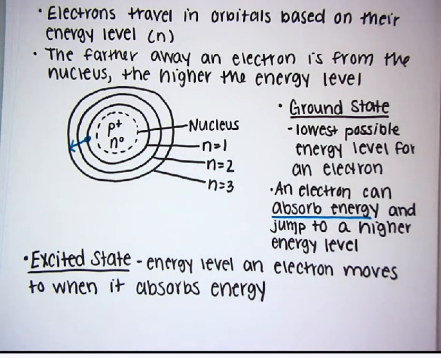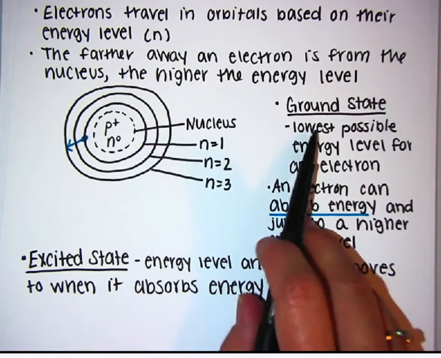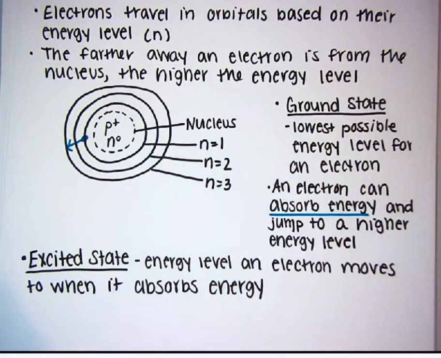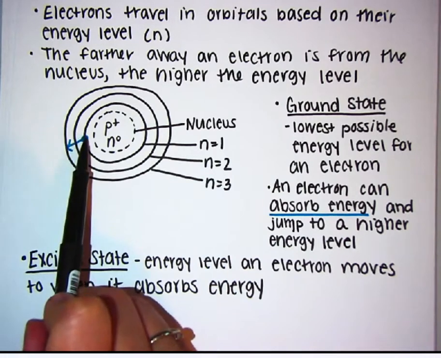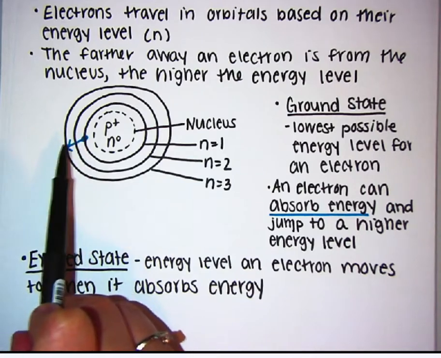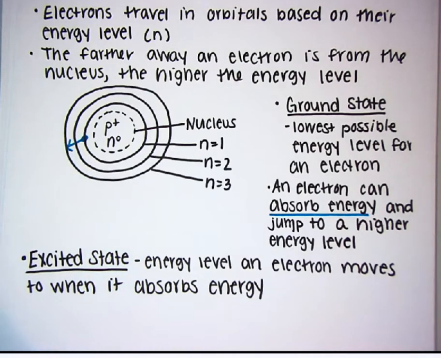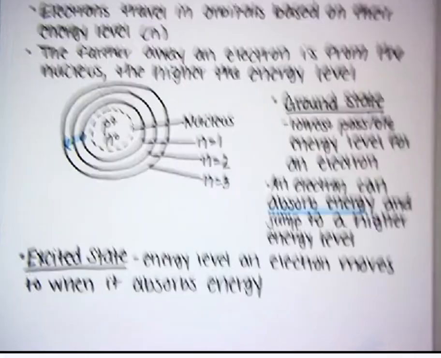So the electron starts in its ground state, its home base, or its lowest possible energy level. We can excite that electron through either heat or electricity. It is going to absorb some of that energy. It can jump to a higher energy level, which we call the excited state.